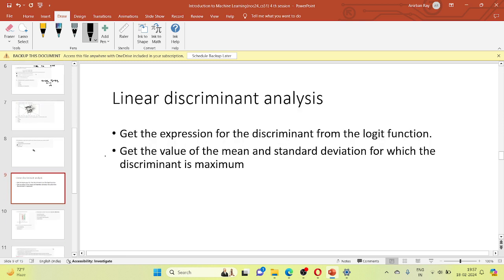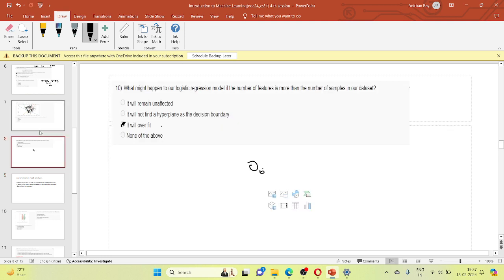The rest of the derivation is in the videos. You'll get the discriminant from the logit function, that is the probability of occurrence of the class divided by the probability of occurrence of another class. Take the log of that and simplify, taking into consideration that this is a Gaussian distribution, the likelihood.